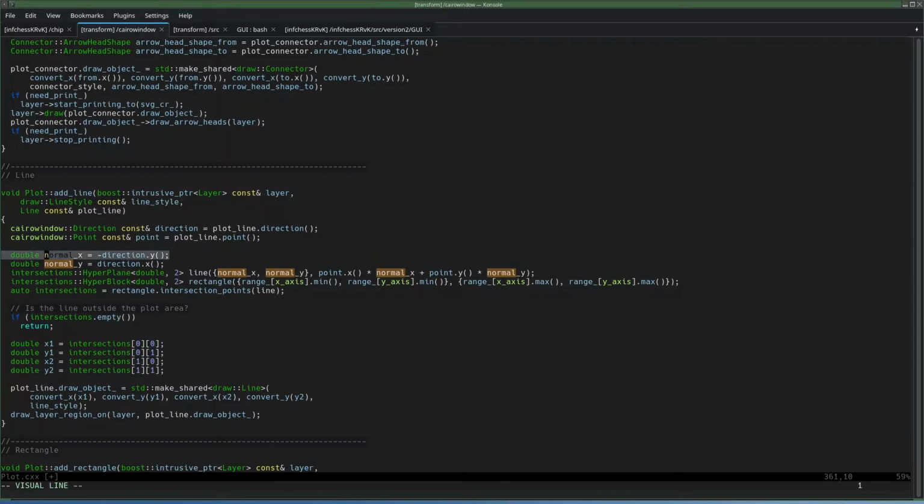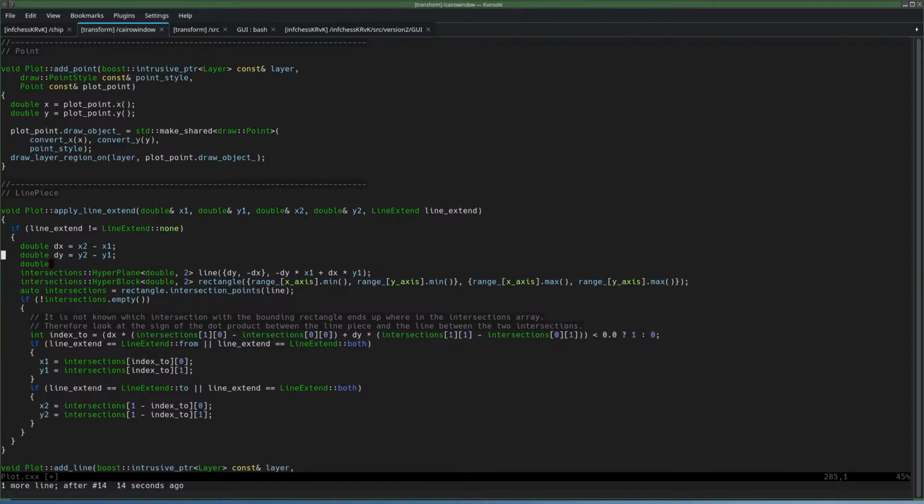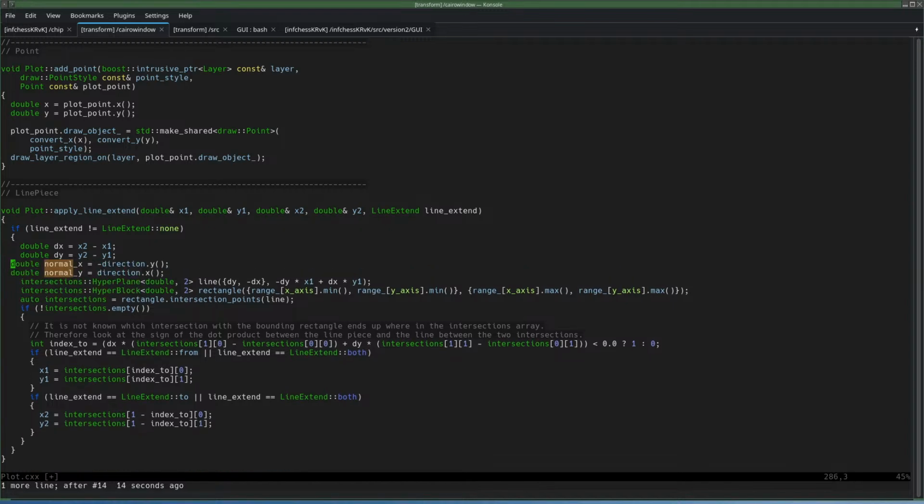I should probably do that here as well. I mean, just use those variables. The x coordinate of the normal is dy, obviously.